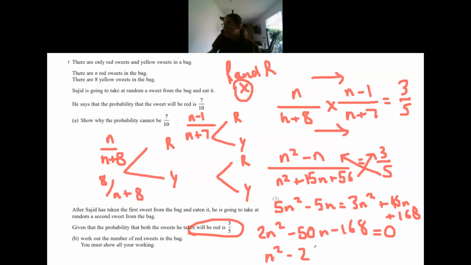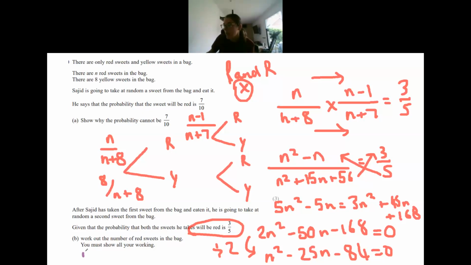You can factorise that, or I'm just going to divide them all by 2, just to make the factorising easier. So I'm looking for two numbers that times to get minus 84, but add to get minus 25. Minus 28 and 3.